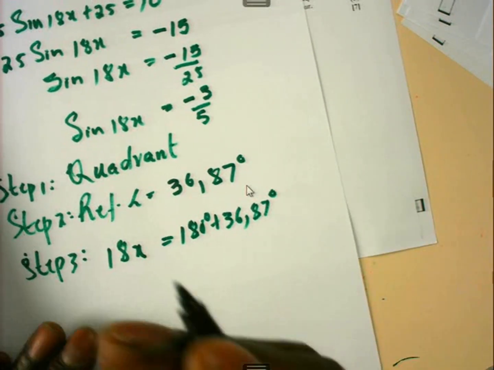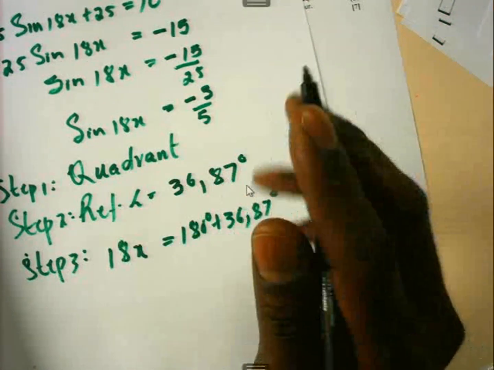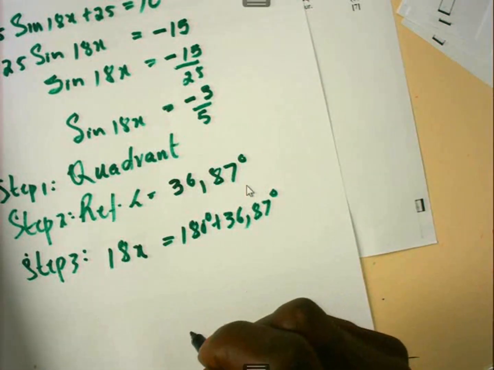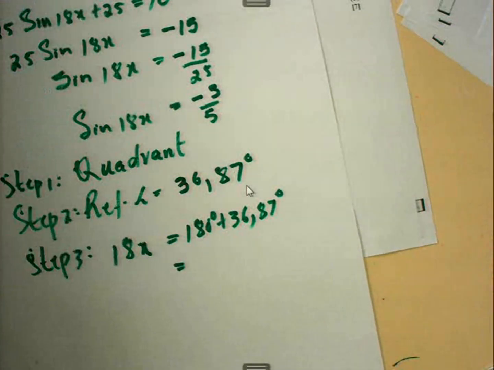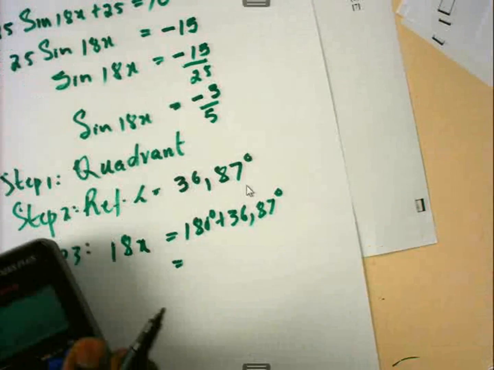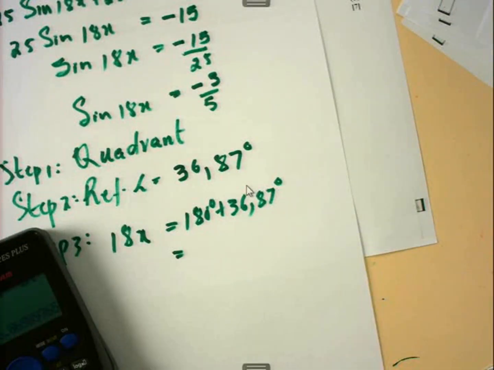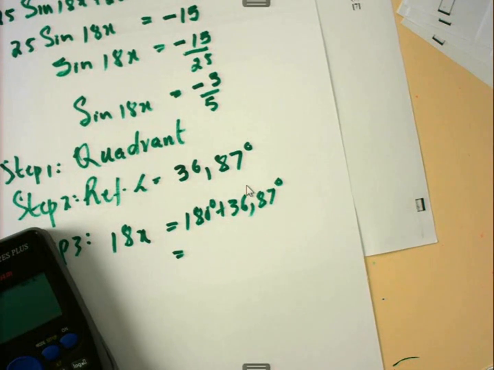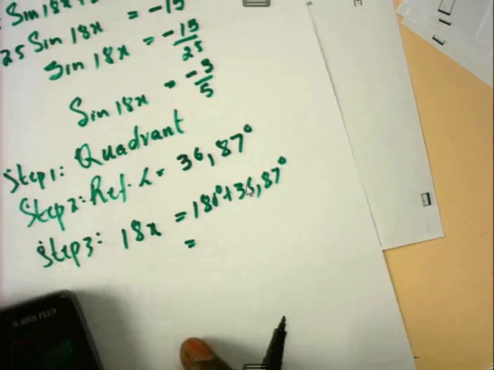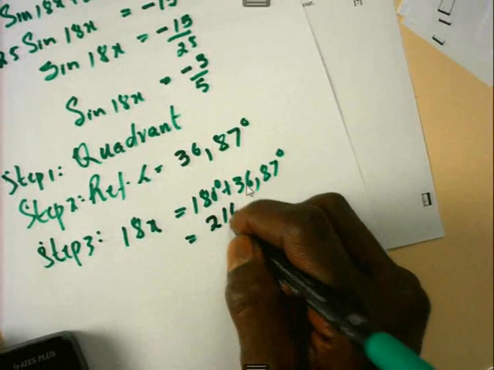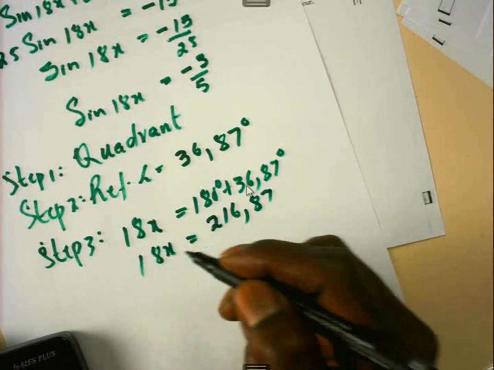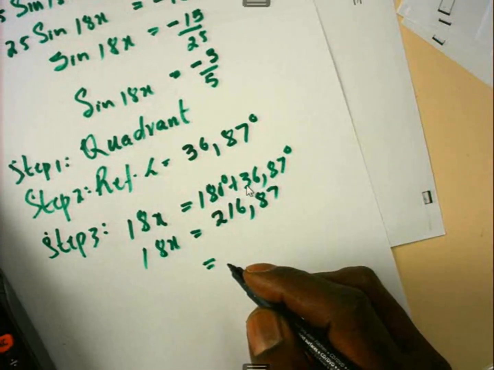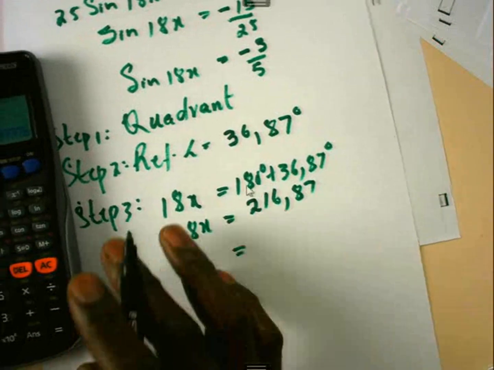They did not talk about the general solution, so let us just leave it as it is. The next step will be to divide. Let's simplify first: 36.87 plus 180 gives 216.87. That is 18x. Then we must divide both sides by 18.